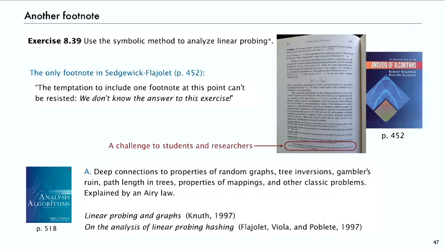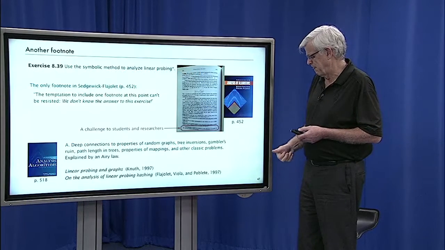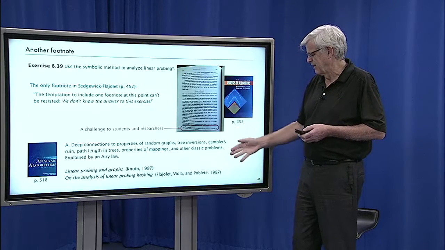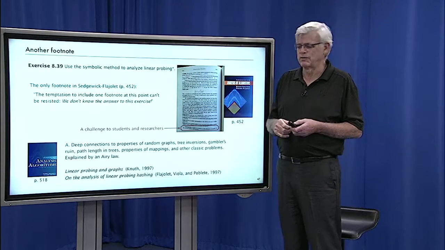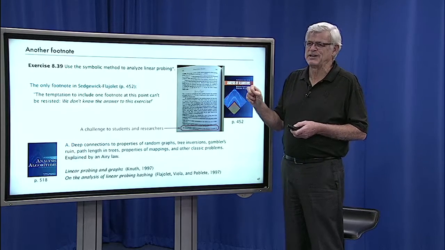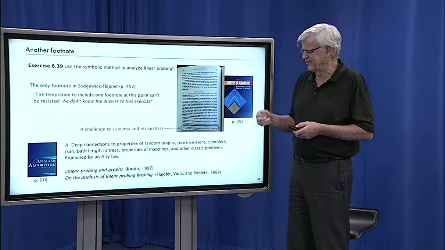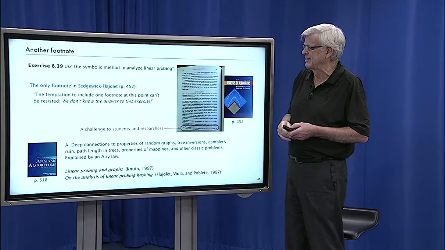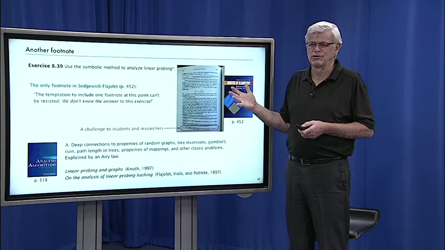And it's explained by a distribution called an Airy law, and a very fascinating amount of mathematics to explain this. Knuth was one of the people who solved it, and Philippe and some co-authors solved it as well. Although actually still we don't quite exactly precisely know the answer to this exercise. We know quite a bit, so there's actually still a footnote left in the 2nd edition.